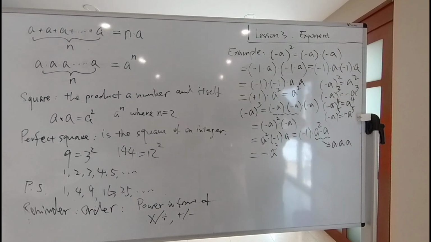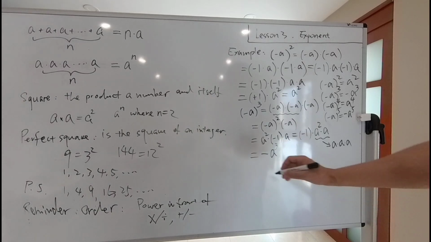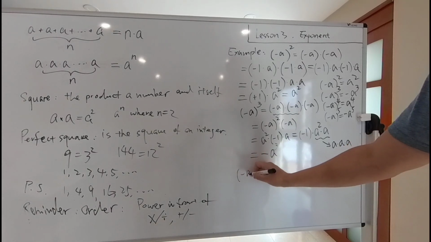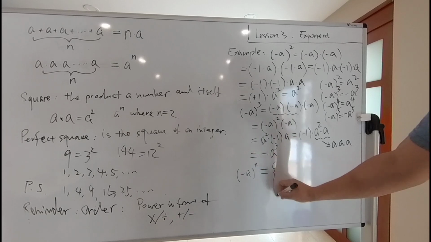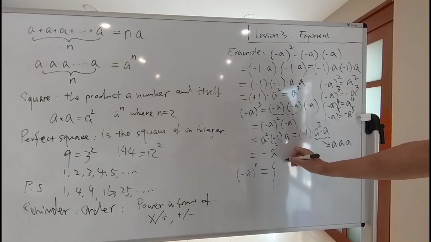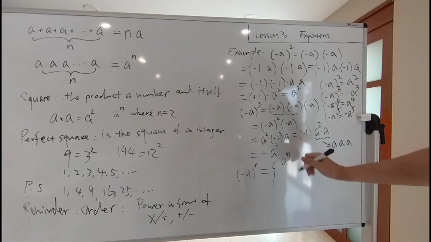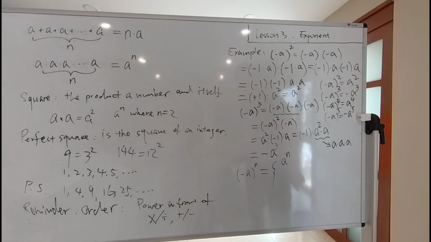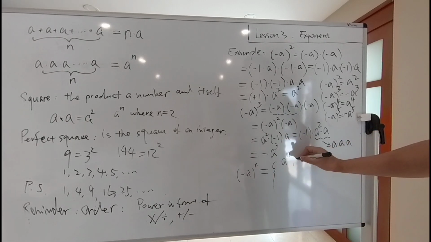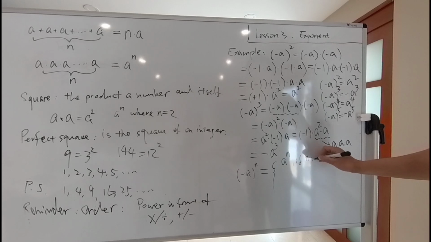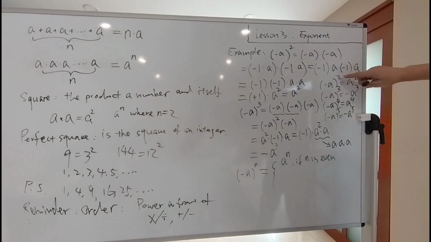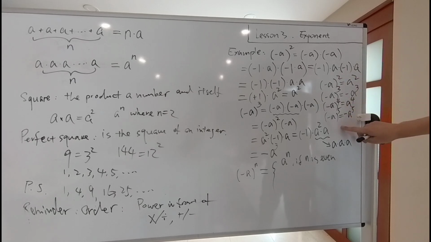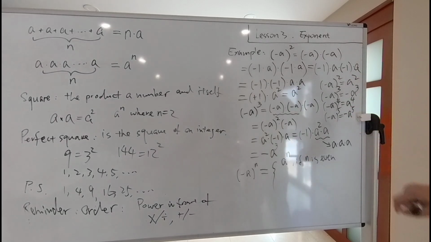Right, so you probably see the pattern now. So minus a to the nth power equals a to the nth power without a minus sign if n is an even number, right? It's true for the power of 2, the power of 4. If I'm writing further, it's also true for the power of 6.